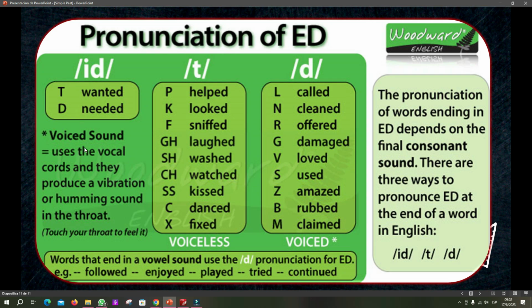So, voice sound uses the vocal cords and they produce a vibration or humming sound in the throat. Touch your throat to feel it. When you have a voice sound like this one, cold, cleaned, loved, damaged. Si ustedes se tocan sus cuerdas vocales cuando pronuncian esos verbos, van a sentir una vibración.